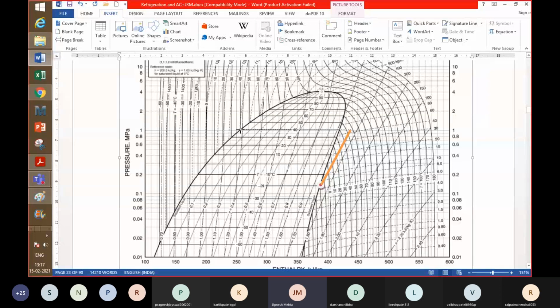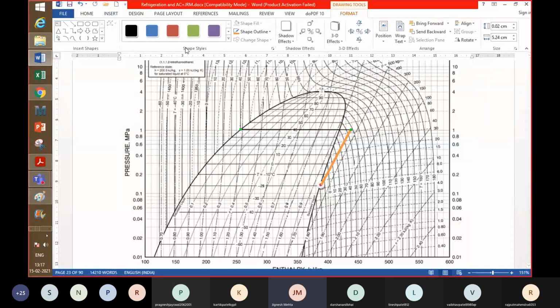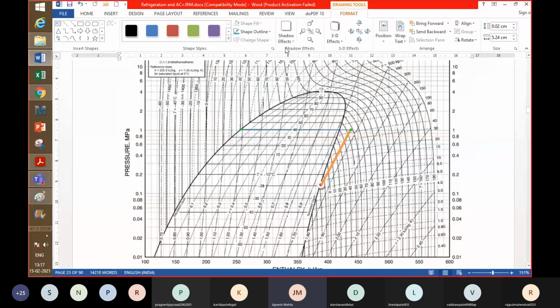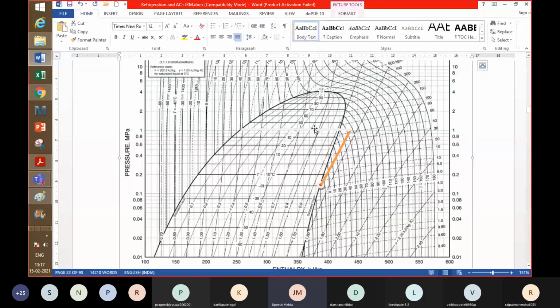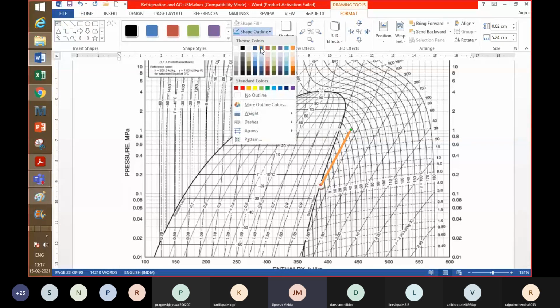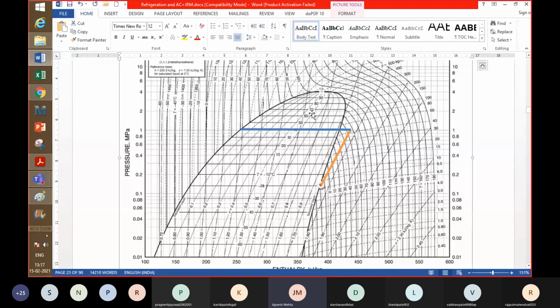Now I'm going to draw that line, but where would I stop? Right? The question is, where would I stop? You will stop at the saturated liquid line, right? You will stop at the saturated liquid line.